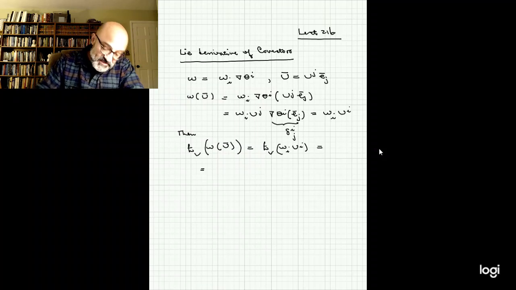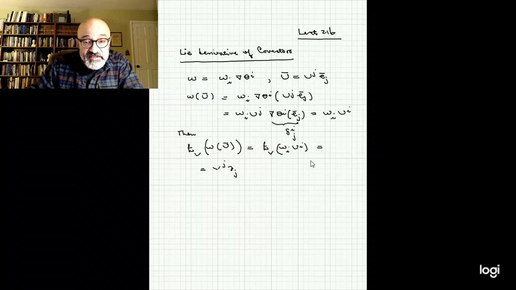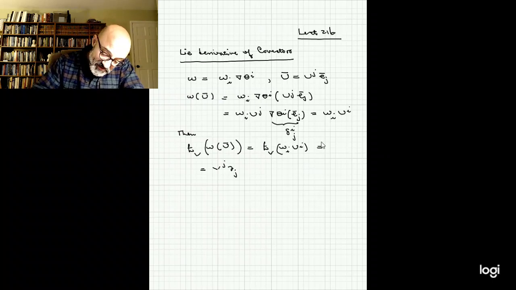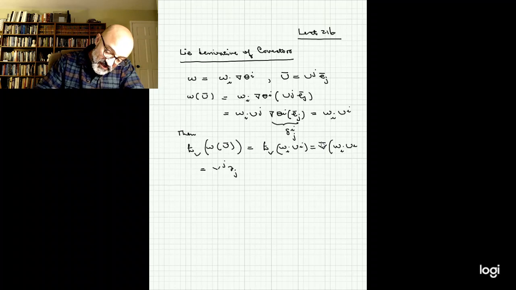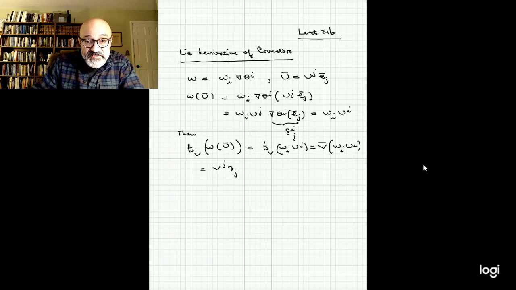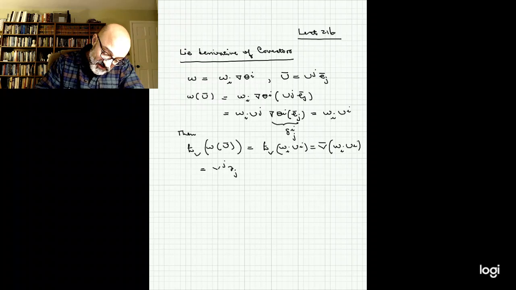This would be just V^j ∂_j, that's the vector. This is just the derivative. Maybe we can write it as V acting on this particular product, and this is just a derivative. Here is the vector, and so this is going to act on the first guy. Let me just write them all out for now. For now, this is all we do.